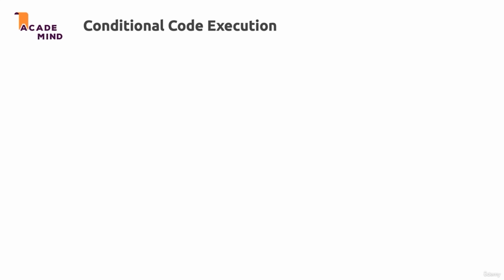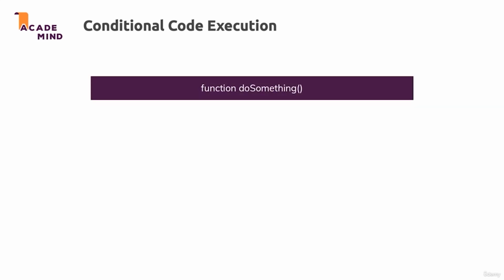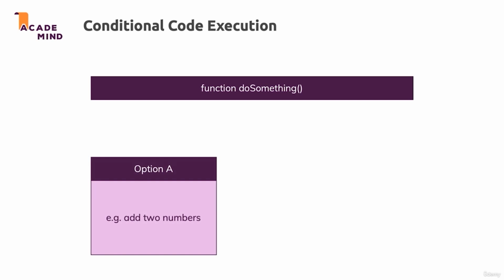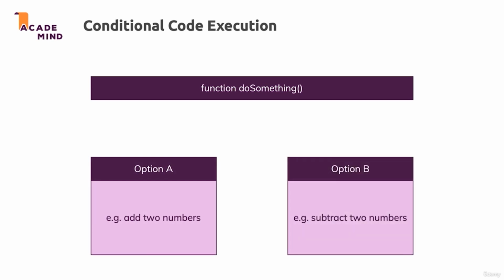Now, what does conditional code execution mean? Imagine that you have a function, and conditional code execution is not just available inside of functions, by the way, but consider that you have a function, and in there you have two code snippets that you could execute. For example, you either add two numbers or you subtract two numbers. Of course you could write two separate functions, but even then you might want to call one of the two functions based on some condition.